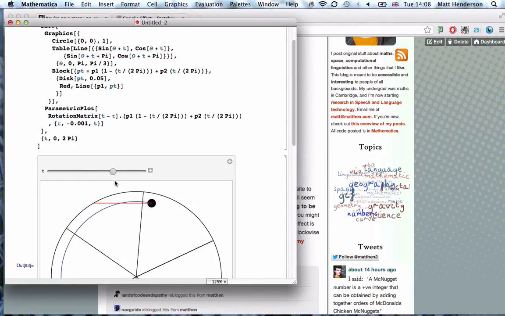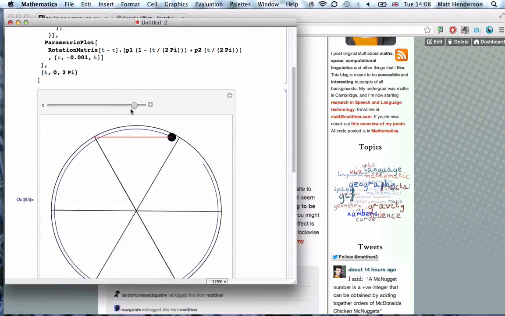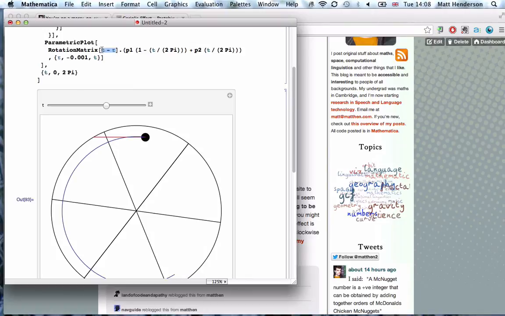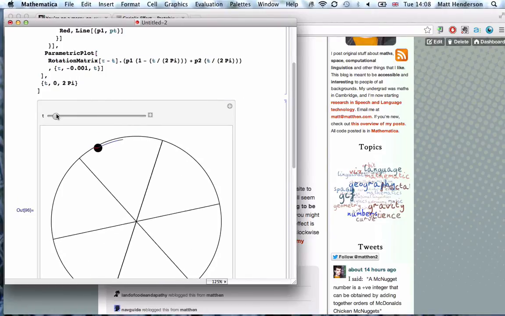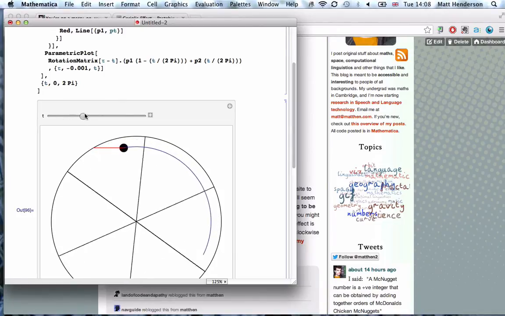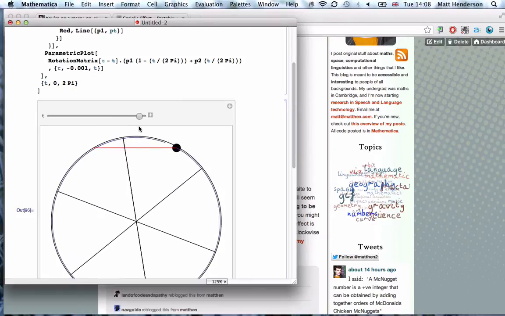No. Ooh, it's kind of cool though. It's going in the wrong direction, isn't it? Tau minus t. Yeah. See, that's cool.